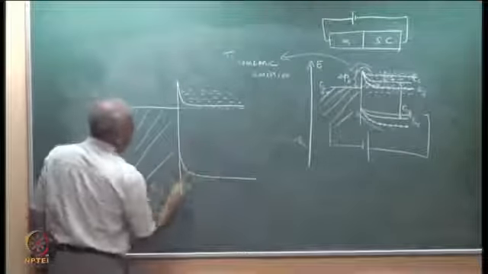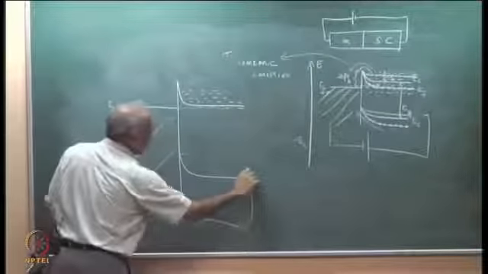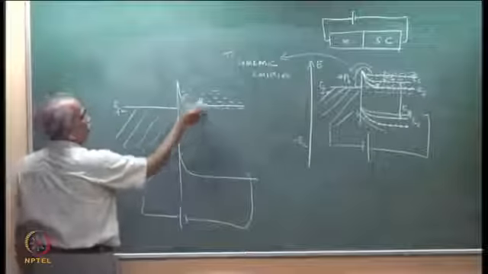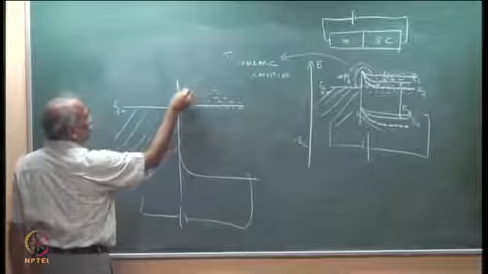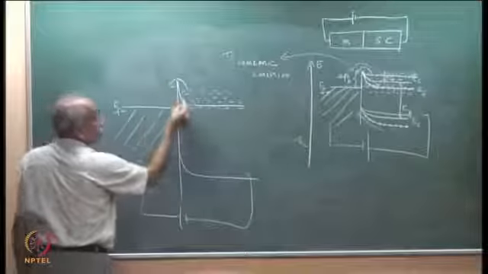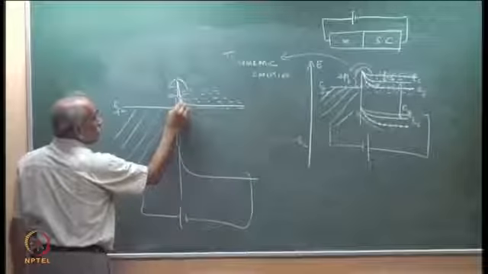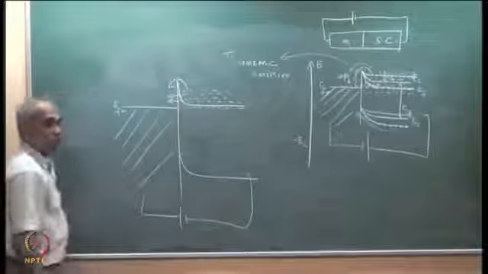Therefore, if I apply a small forward potential like this, then of course this will get lifted and electrons can jump over the barrier, but electrons can also tunnel because the barrier width is very small.